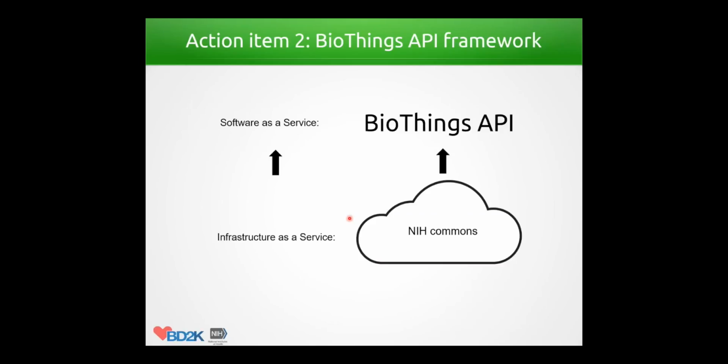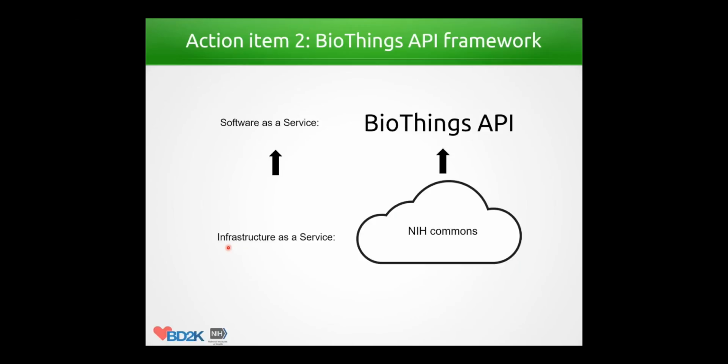From the all hands meeting, we know the NIH Commons is going to be some kind of cloud-based infrastructure using Amazon, Google, or Microsoft cloud infrastructure. They provide a very nice way to abstract server management.